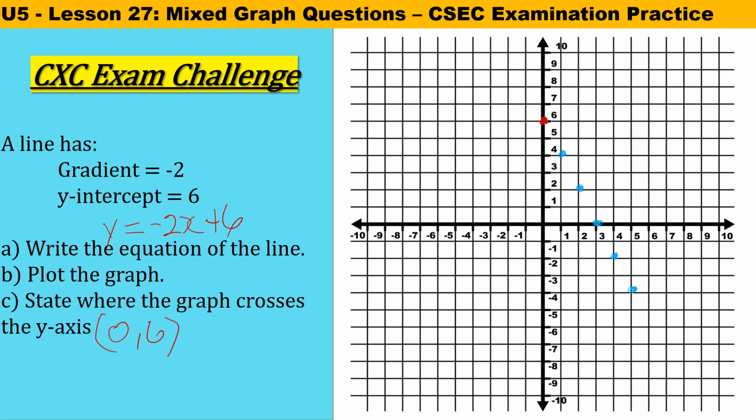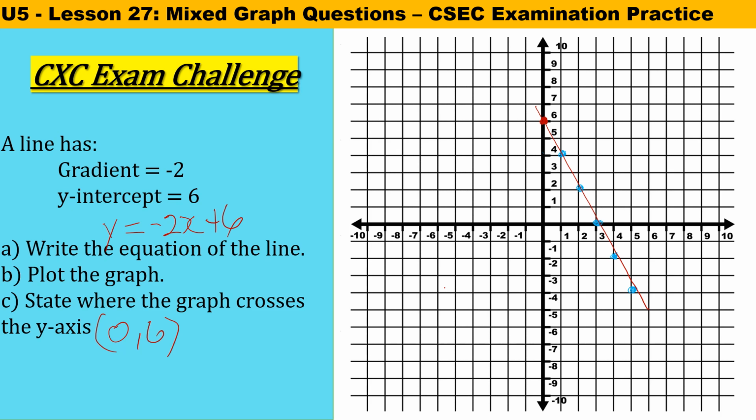You get your ruler and you try to keep your line neat and as straight as possible. I'm here pressing my ruler on my screen, so please bear with me. All right. So there we have our line.